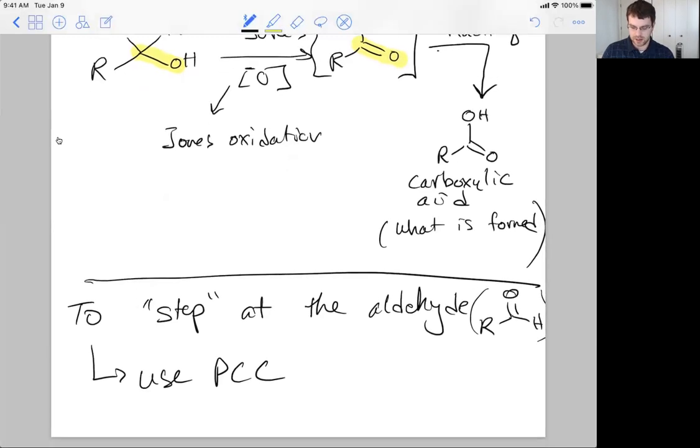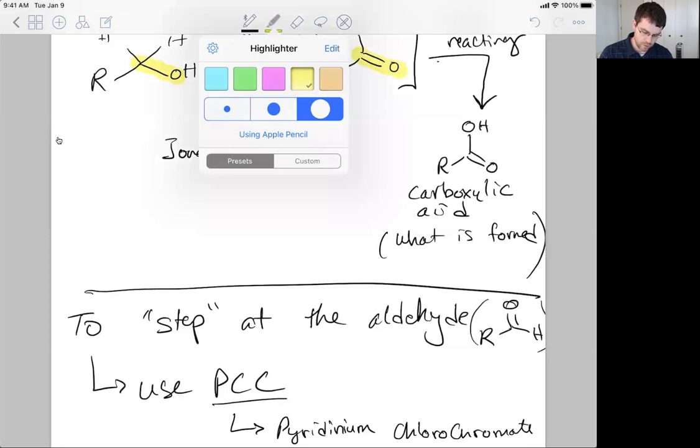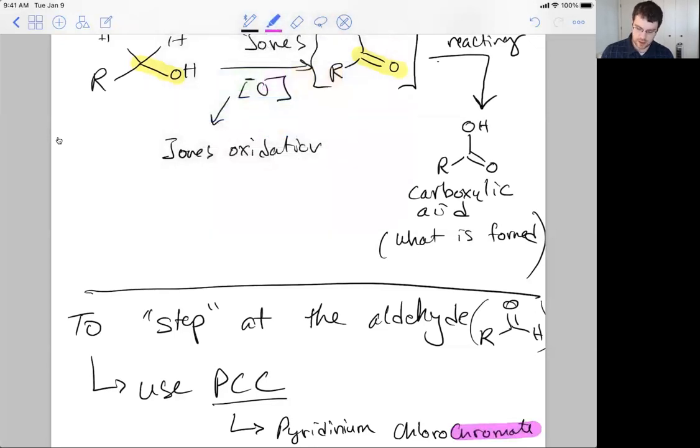So PCC is a new oxidizing agent called pyridinium chlorochromate. Okay, so there's that chromate term. This is another chromium-based oxidant, again, not good for the environment, and one to be avoided whenever possible.